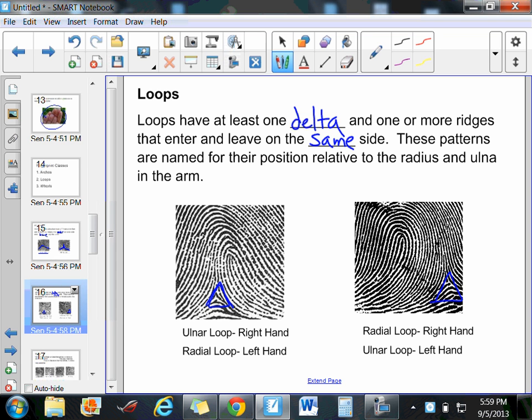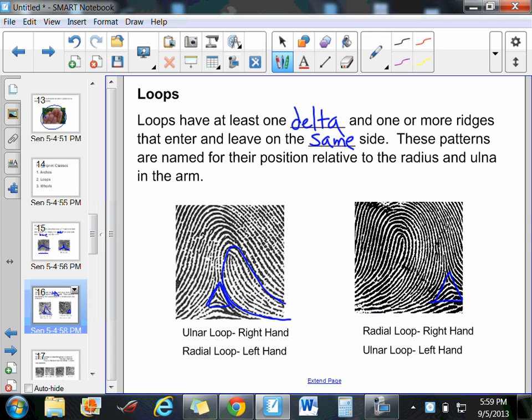So if you take a look at this one here, we have a ridge that's starting here, and we're going to follow it, and it's going to leave on the same side. Now these are named depending on if they're pointing to the radius or ulna bones in your hand.